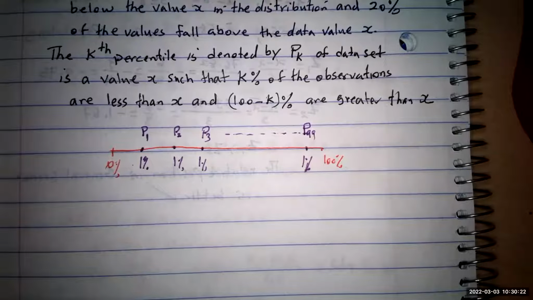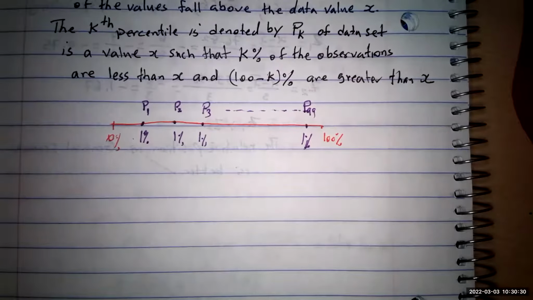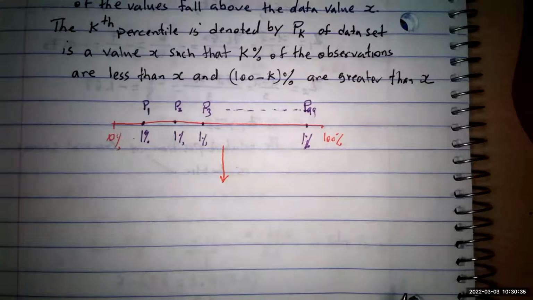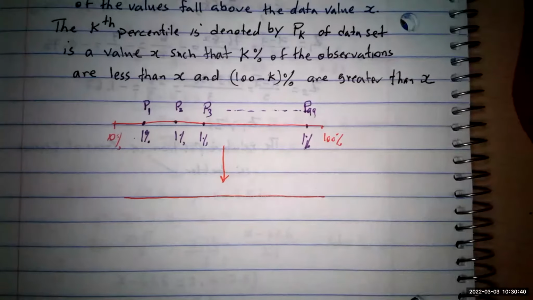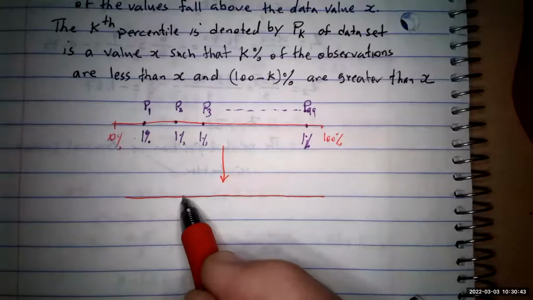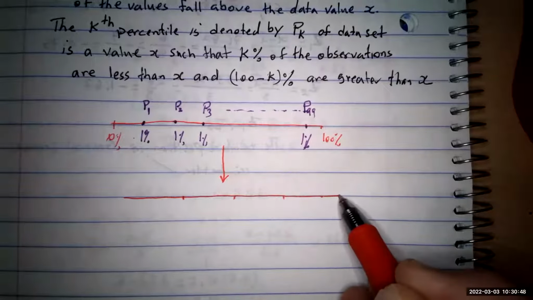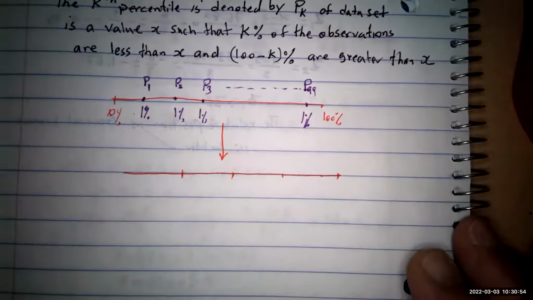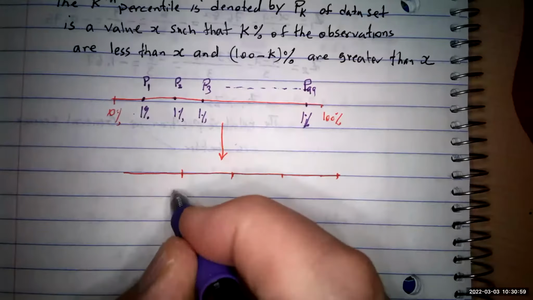Now there are 3 special cases that we are going to be very much interested in. What we usually do is divide this into 4 parts. So get it again. Divide it into 4 parts: 1, 2, 3, and 4. Since the total is 100%, each part is going to be 25%.